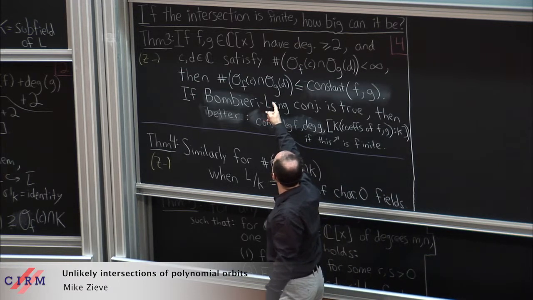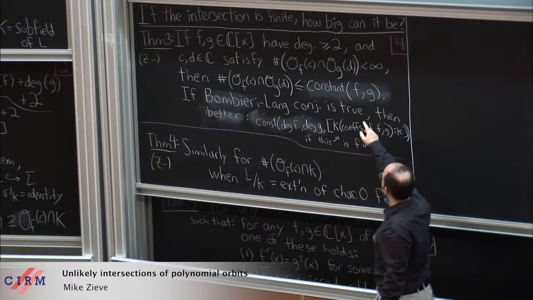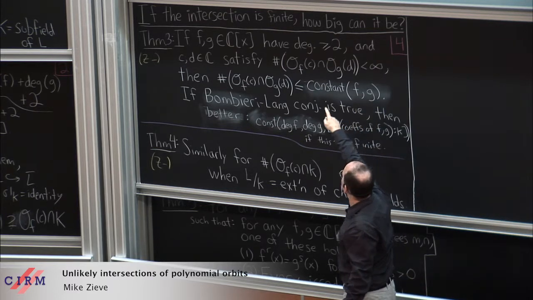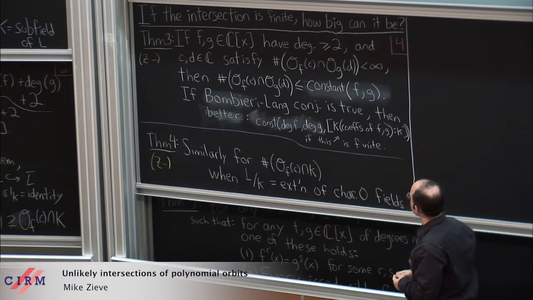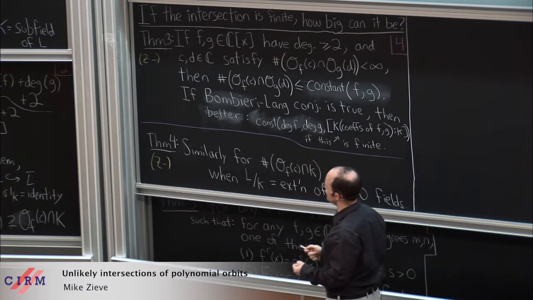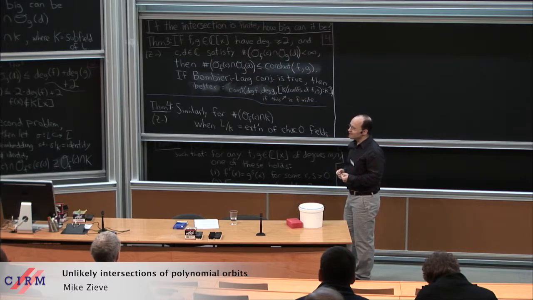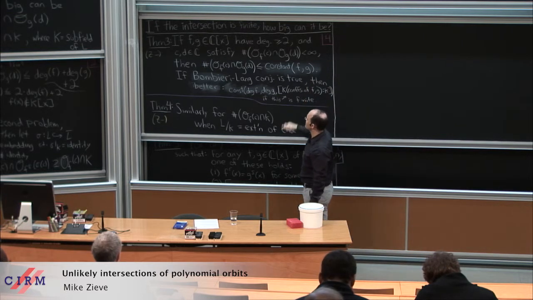Then the size of the intersection can be bounded by a constant where the constant only depends on the polynomials and does not depend on the choice of C and D. And this constant also is explicitly computable. If you give me two f and g's, I can give you an algorithm which in finite time will actually give you this constant.